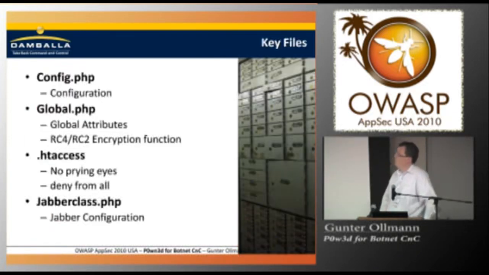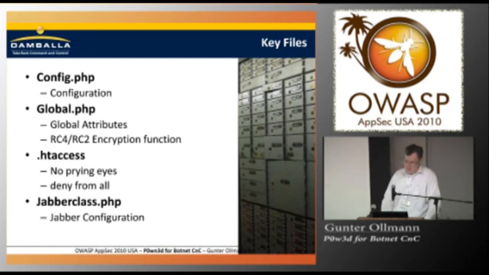Key files really being the configuration file for what the botnet is going to be doing, and the global PHP, so the attributes, which also includes the encryption that you're going to be using between the agent. So instead of using SSH, maybe using SSL on the web server, you effectively encode and encrypt the data at rest before you actually send it up.